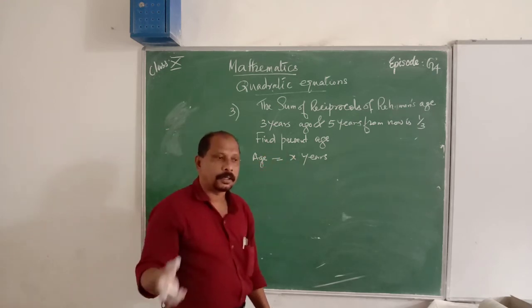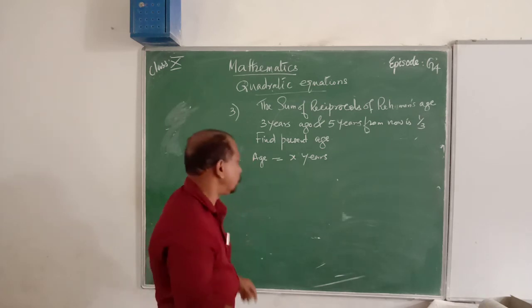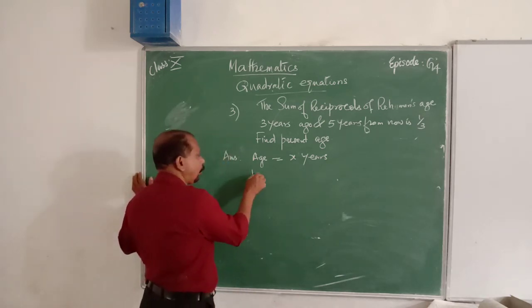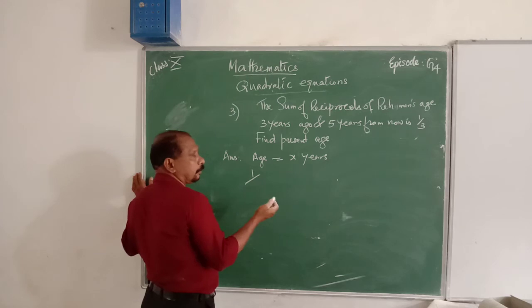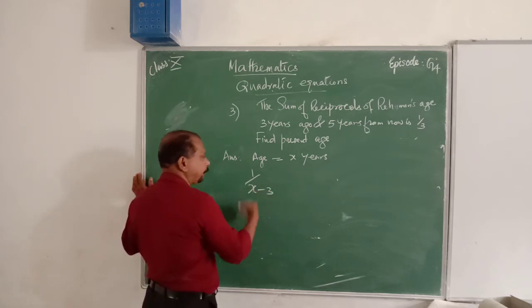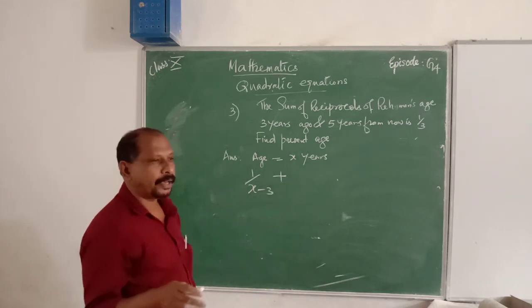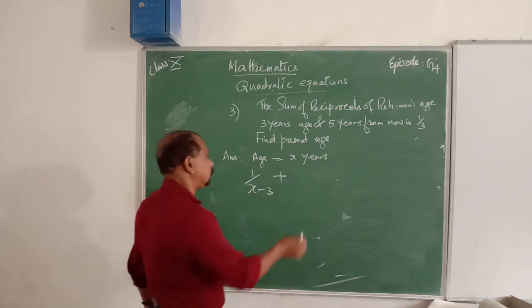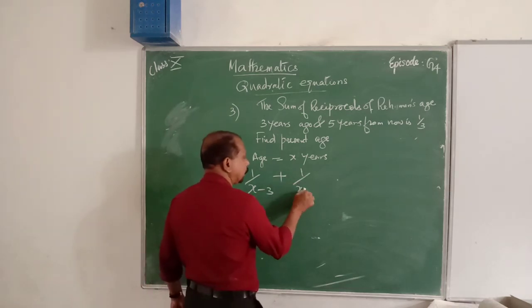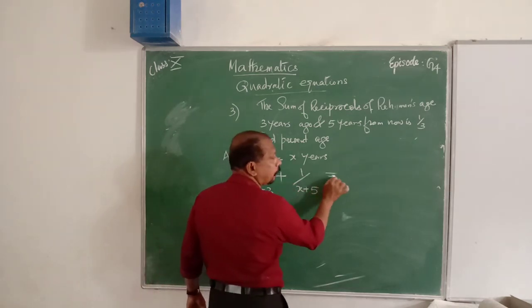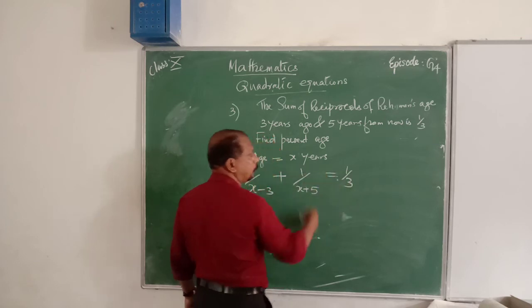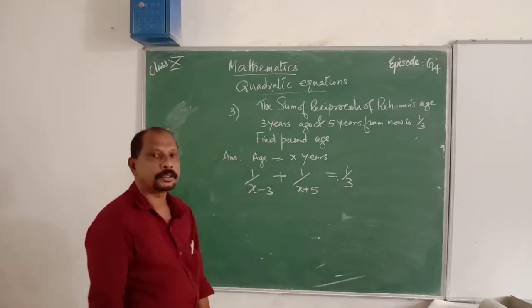The sum of the reciprocals: 1 by x minus 3 plus 1 by x plus 5 is equal to what? That is given. This is an equation.